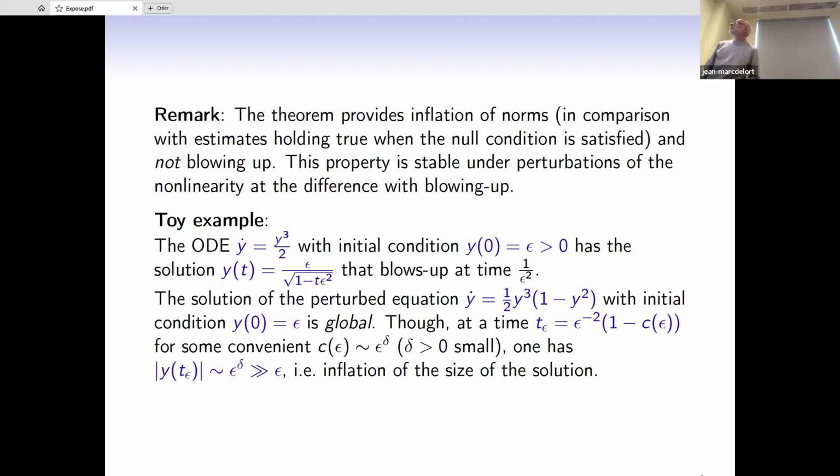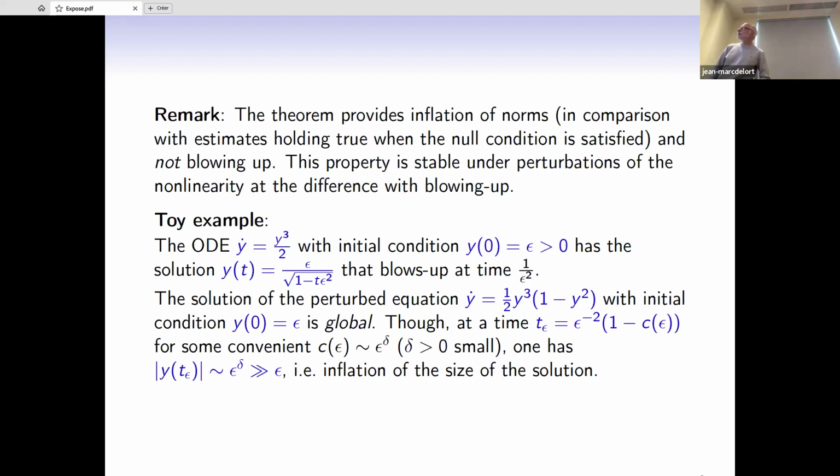then the value of the solution at time t of epsilon is of size epsilon to the delta. So if we take delta small, it shows that at time t epsilon the solution is much bigger than the initial condition. In other words, we have had inflation of the size of the solution, in spite of the fact that the solution is global.